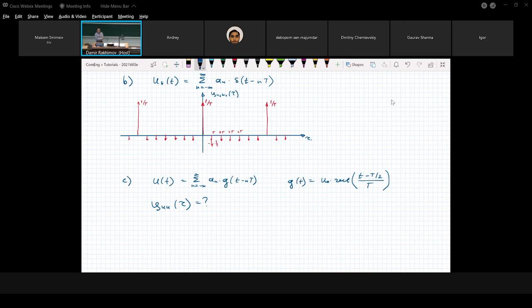But we need to somehow convert this representation to a slightly different form, and then it's very easy to get the final result. Any ideas? What should we do?